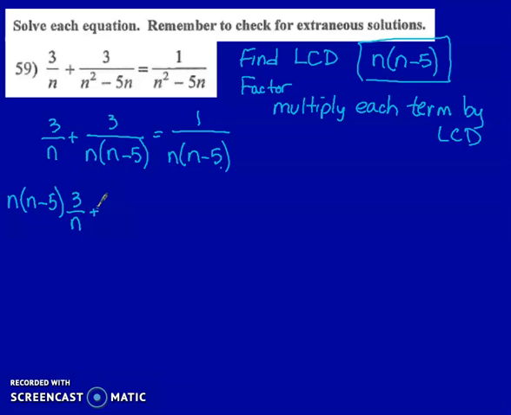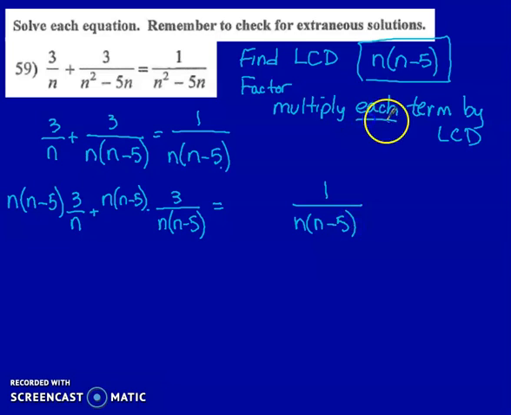You need some room to do this, so we're going to spread this out a little bit. My next term, 3 over n times n minus 5. Multiply that term times the least common denominator. Equal sign right here. And then we have a 1 over n times n minus 5. And in this one, multiply each term times the least common denominator.